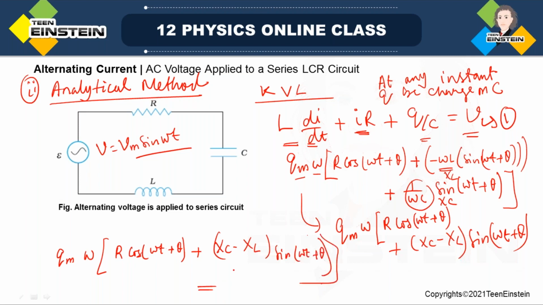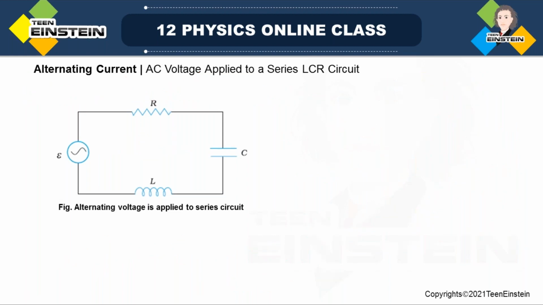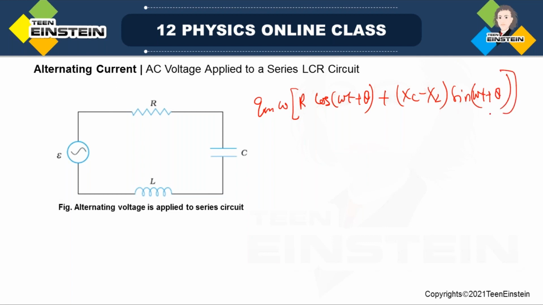This is what we have got on the left hand side, and on the right hand side we have got the voltage Vm sine omega t. So this is what we have got.